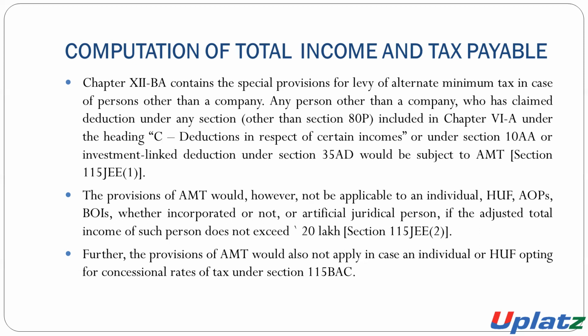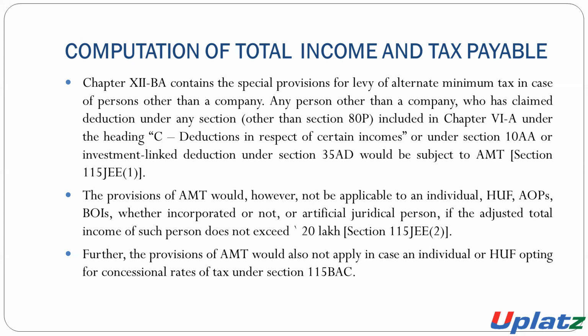Normally the rate of income tax is nil from 0 to 2.5 lakh, 5% from 2.5 lakh to 5 lakh, 20% from more than 5 lakh to 10 lakh, and 30% above 10 lakh. But as per the concessional rate of income tax, the rates will be different.